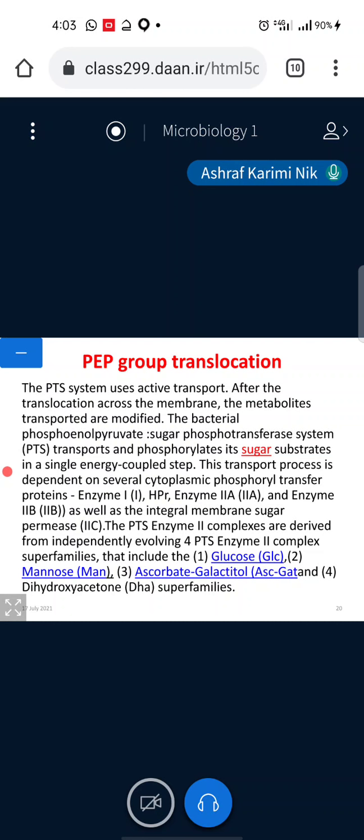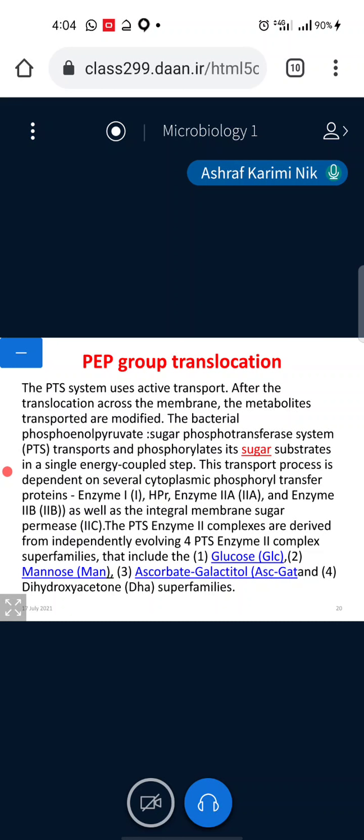They include enzyme 1, HPr (H means histidine protein), next enzyme 2A and enzyme 2B, as well as the integral membrane sugar permease 2C.